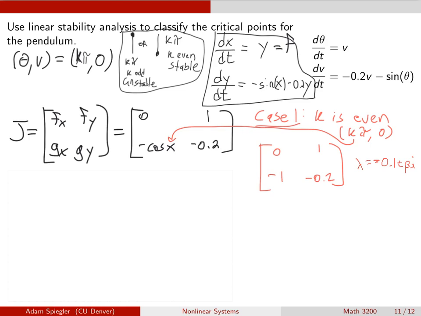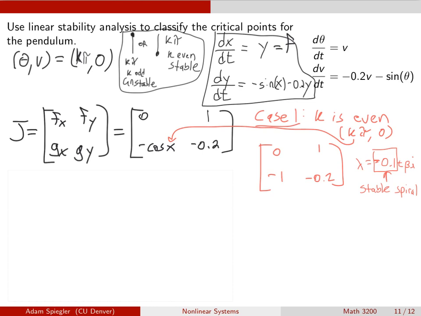It doesn't work out particularly nicely, but since the real part is negative, this is going to be a stable spiral. That's what we imagined would happen: these are stable equilibria.